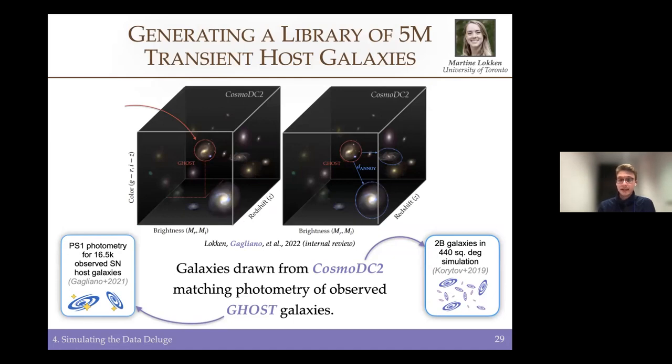So we use a nearest neighbors algorithm called Annoy, which is used by Spotify to give you similar recommendations to the song that you're currently listening to. It runs very quickly. And in our case, we're able to scale up the number of realistic host galaxies for different popular classes that look like the galaxies in GHOST, but extend up to higher redshifts and now contain millions of events by convolving these two catalogs.